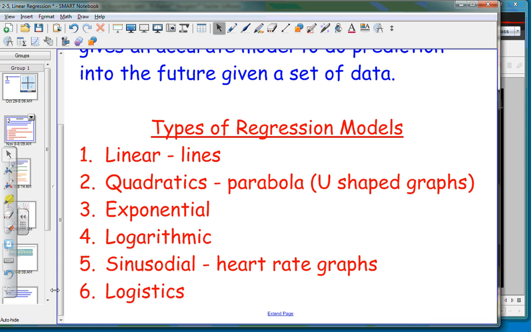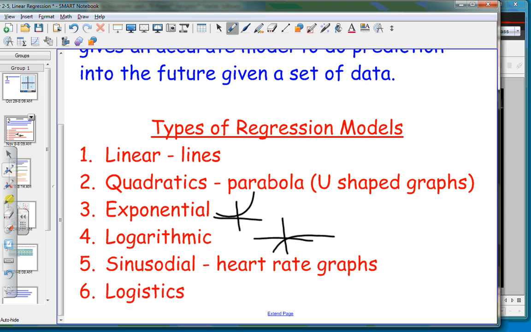We're talking about linear regression today. Linear regression means that you are talking about lines. Another type of regression would be quadratic regression, meaning it looks like a U. Okay? Exponential regression, it looks like this. Logarithmic is the opposite of that.